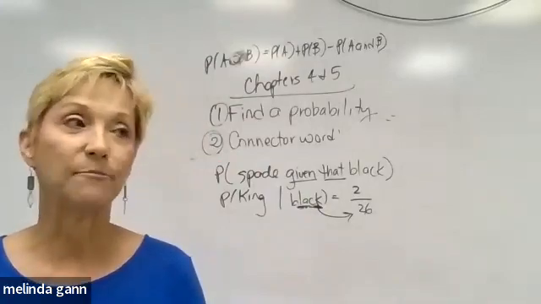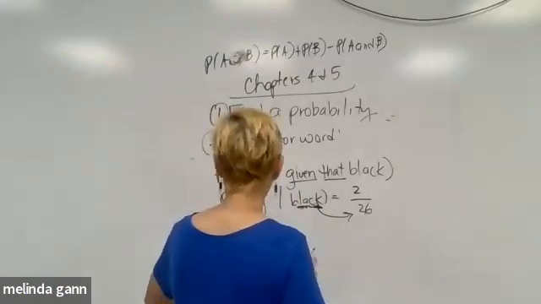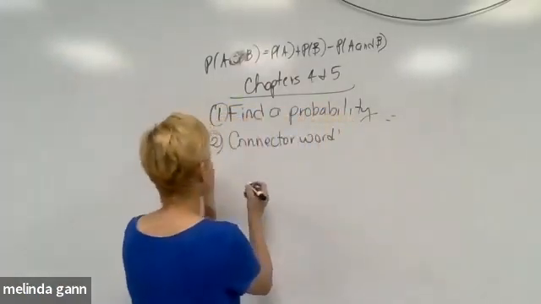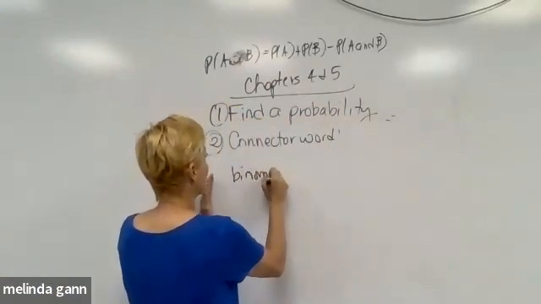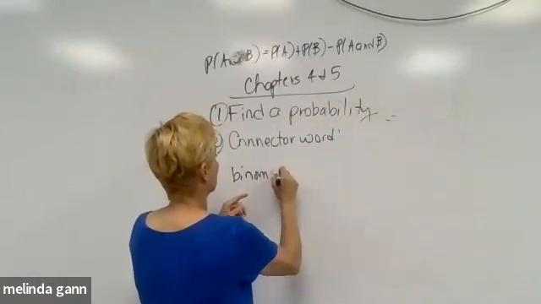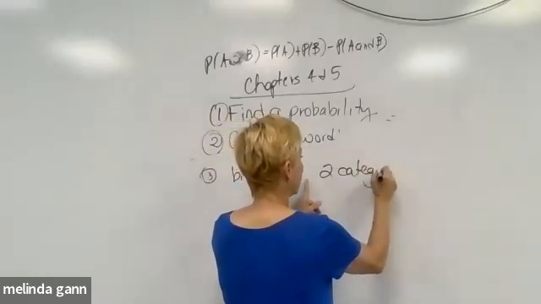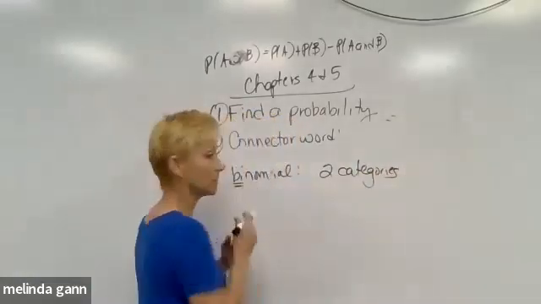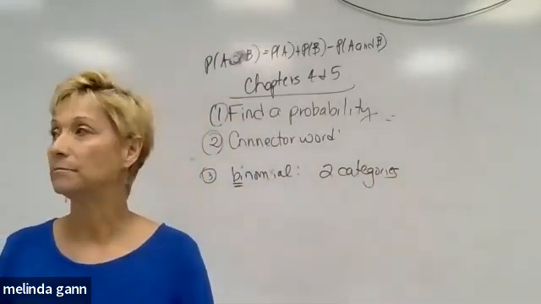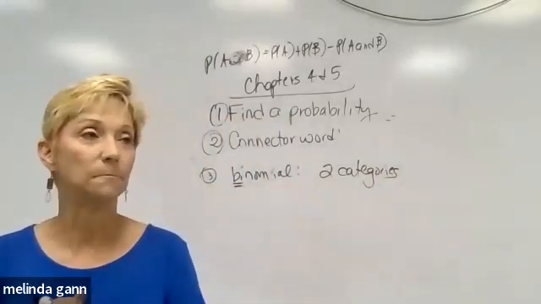And then binomial is a formula on the machine. I'm not going to spend a lot of time going over it. But when it's binomial, there can only be 2 categories. That's what "bi" means. Either you live or you die, you pass or you fail, boy or girl. We're not going to get into a spectrum there.